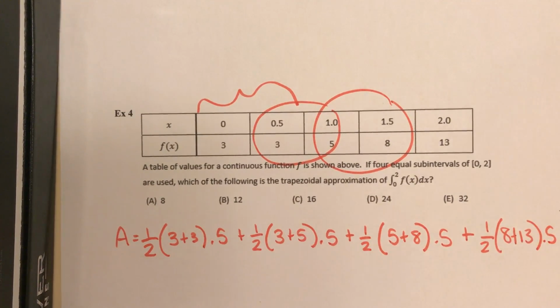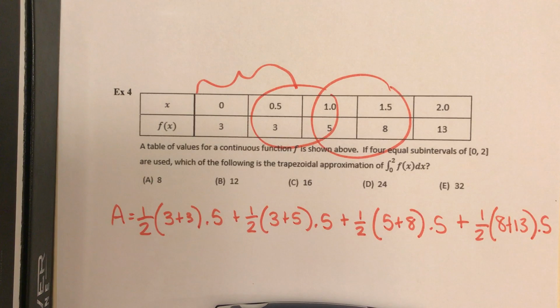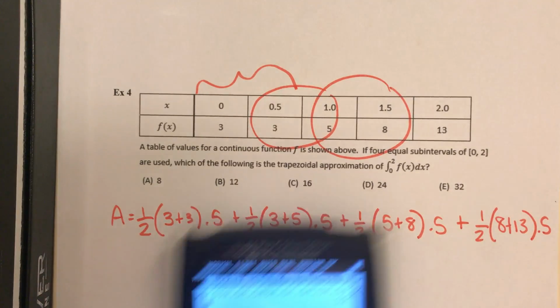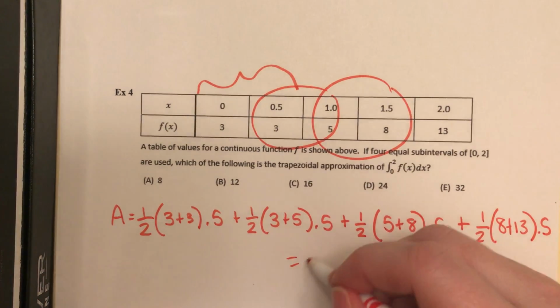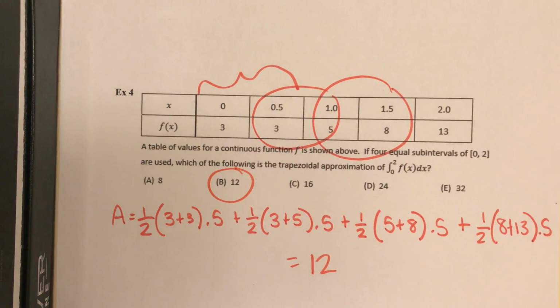So again, let's go to our calculator, plug all of that in. Okay, so when I get all that plugged in, I get 12. So that's equal to 12, which matches up with choice B.